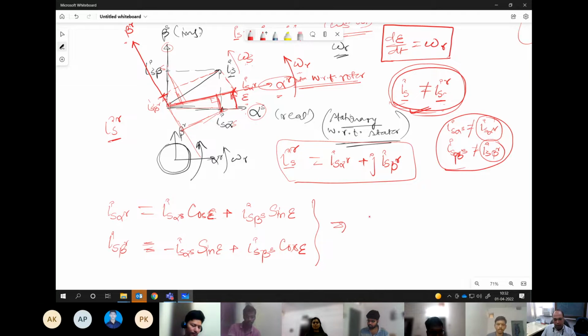So I can write these two equations in a compact form, in the form of a matrix.